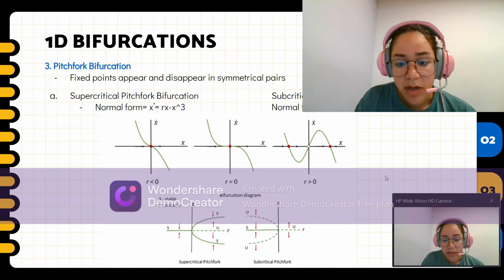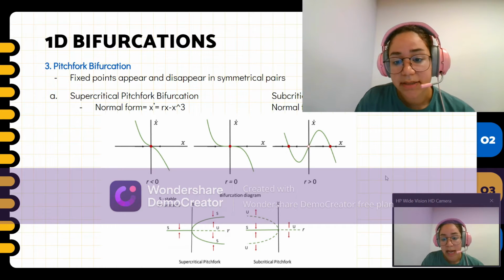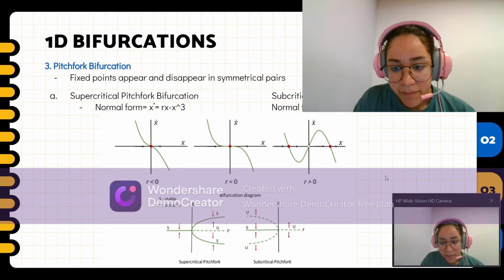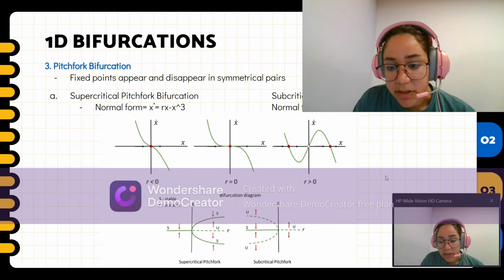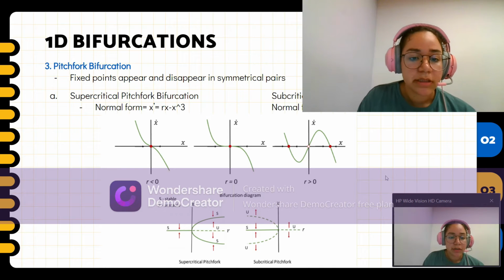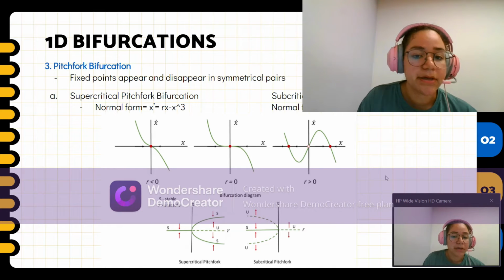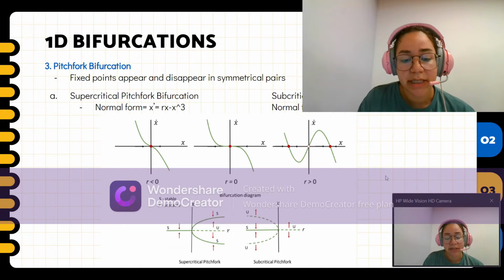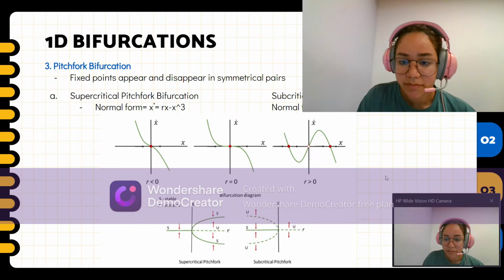But when r becomes positive, there's a great change where now at 0 it's unstable, but you can see that at the endpoints it's going to be stable. So this is what they mean by appear and disappear in pairs. They're first stable, appearing together, and then they become unstable.